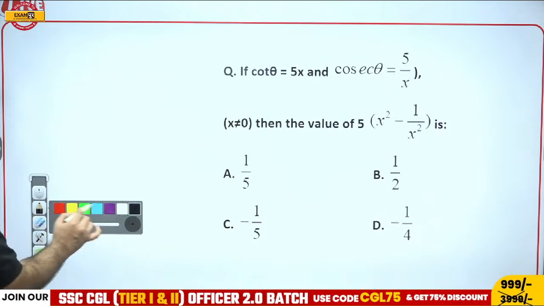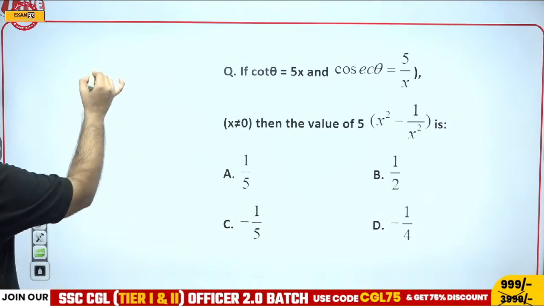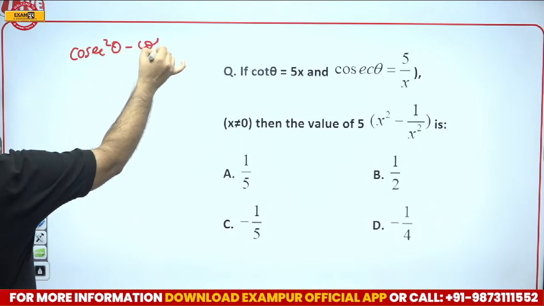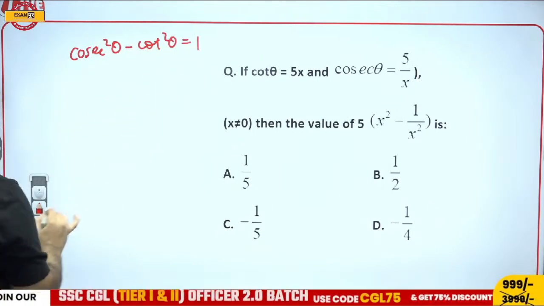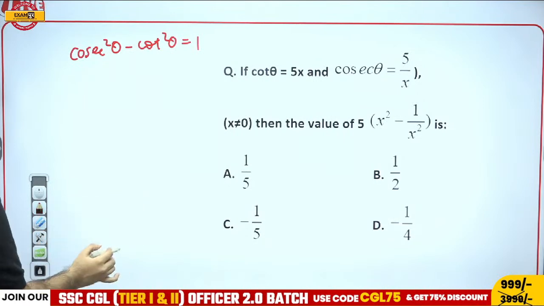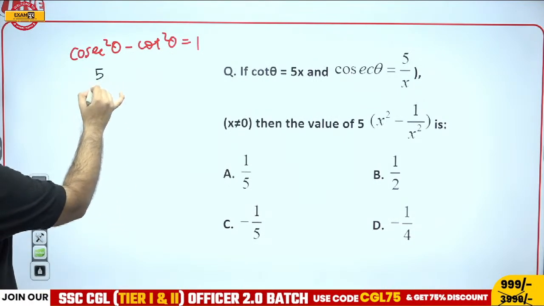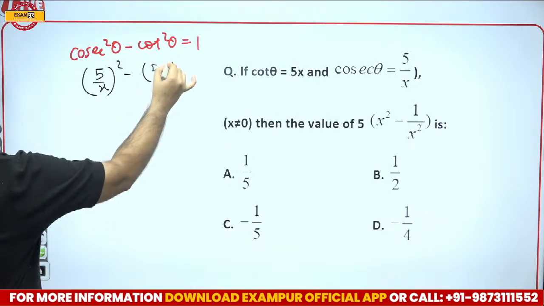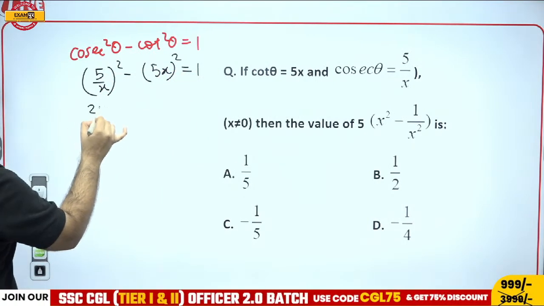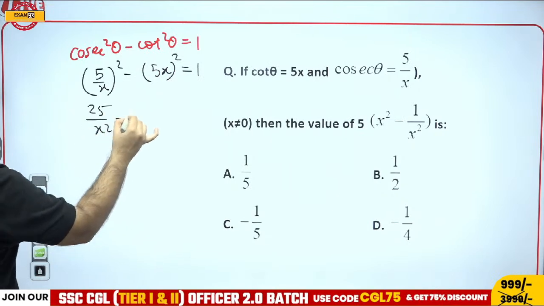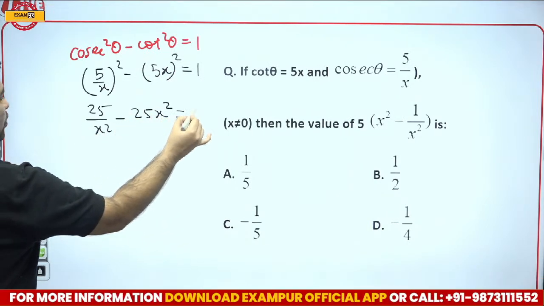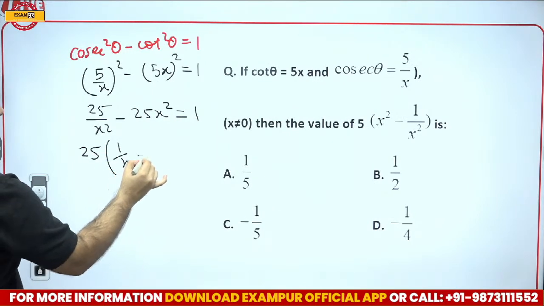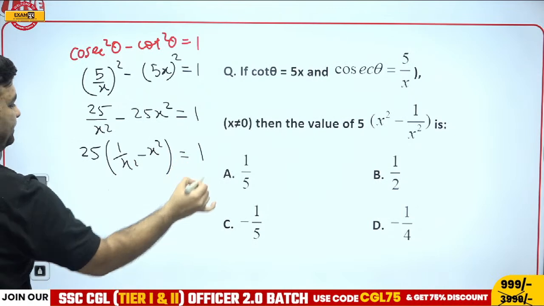Okay, I am getting the answers. Identity is cosec square theta minus cot square theta is 1. Cosec is given as 5 by x. 5 by x whole square minus 5x whole square is 1. 25 by x square minus 25x square is equal to 1. 25 common. 1 upon x square minus x square is 1.